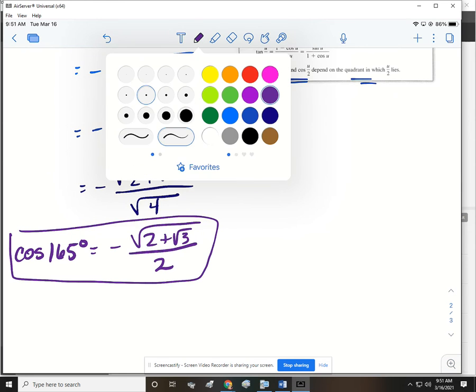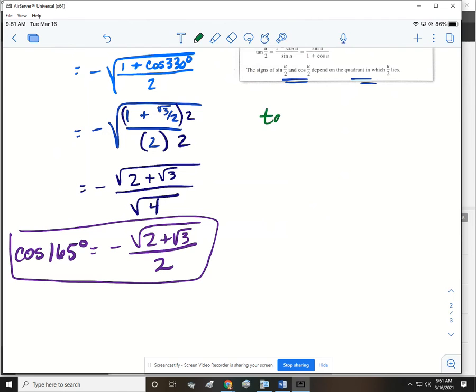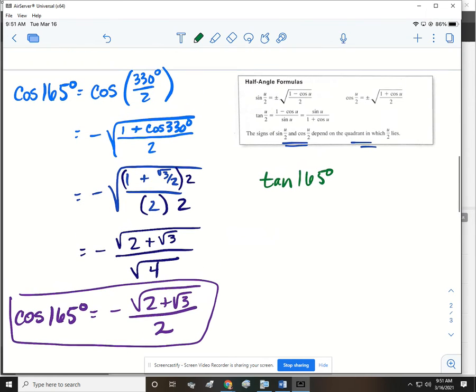Okay, and then we'll find the tangent of 165 degrees. That's the same as the tangent of 330 degrees over 2. So we'll use either one of the tangent formulas for 330 degrees. It honestly does not matter, so I'm just going to use the first one.